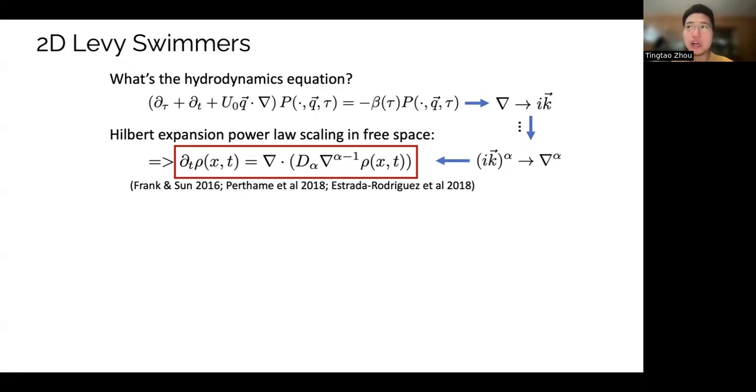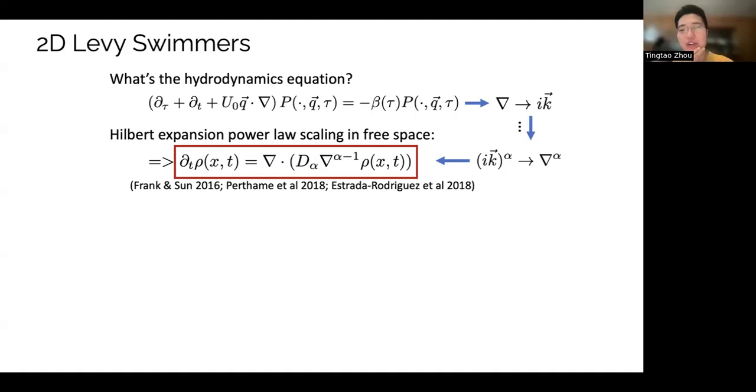For alpha smaller than two, as we know, the variance of the distribution diverges, but you still have a finite mean, right? But what you have is a divergence of a fractional gradient operator. So let's say alpha, I assume here, is 0 to 1. So if alpha is 1, inside the bracket you have a zeroth order operator.